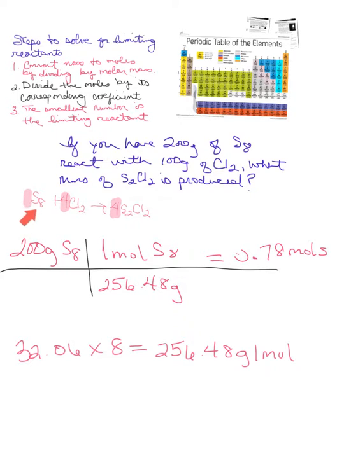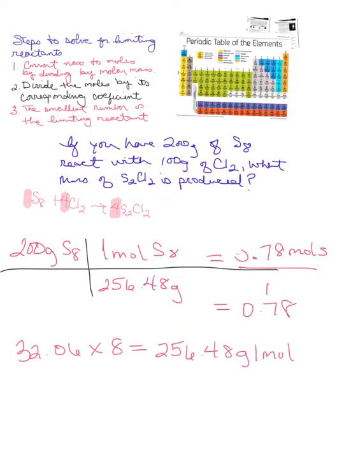Here I have no number, so it's 1. So I'm going to do 0.78 divided by 1, and obviously my total then for sulfur is 0.78.